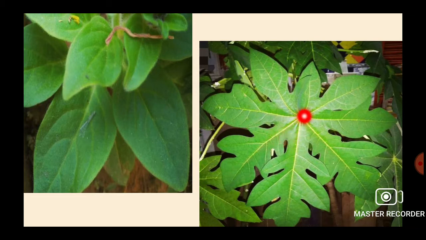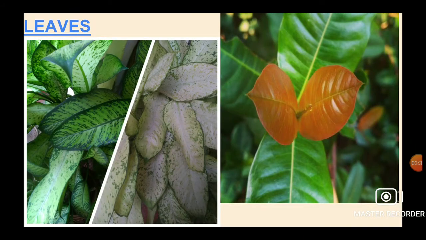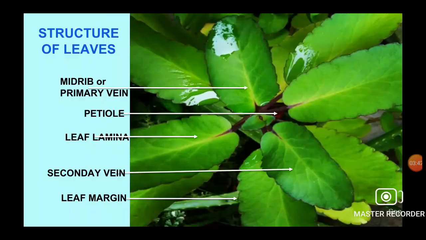And again we have our leaf lamina and also the margin of the leaf, and at the back we can find that there is a petiole as well. Now this is a compound leaf which you will study in your higher classes, but most leaves have the basic typical structure that we have already studied about. So now we know the structure of leaves.